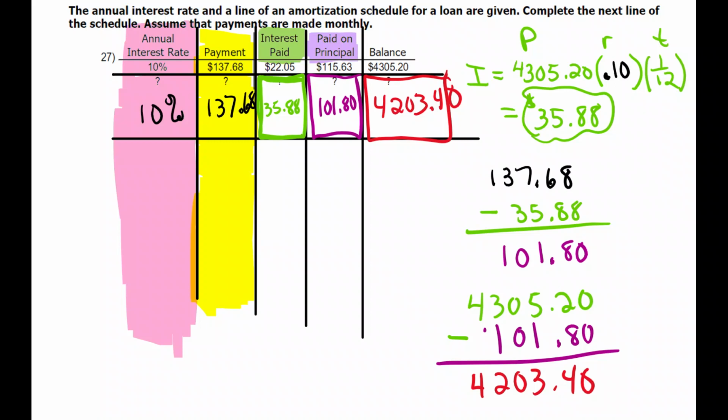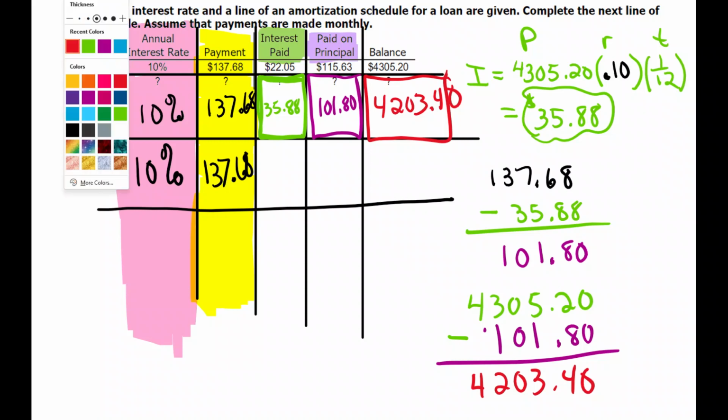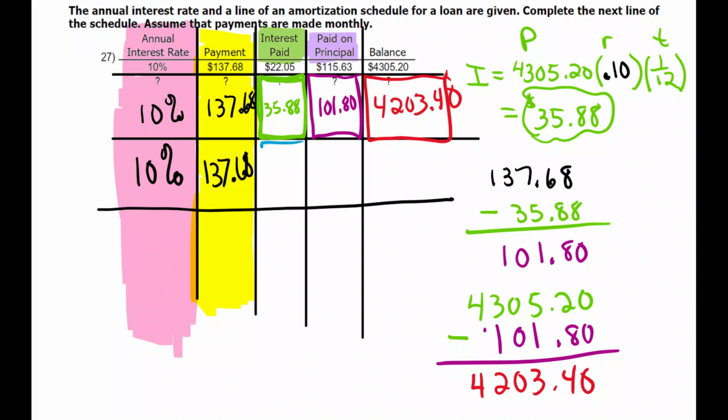Sorry, that was my phone buzzing if you heard that. So if you were to do another line, like let's say I had you do 2 lines, this would still be 10%. This would still be $137.68. But this new box right here, which I guess I'll do in a new color, how about blue?